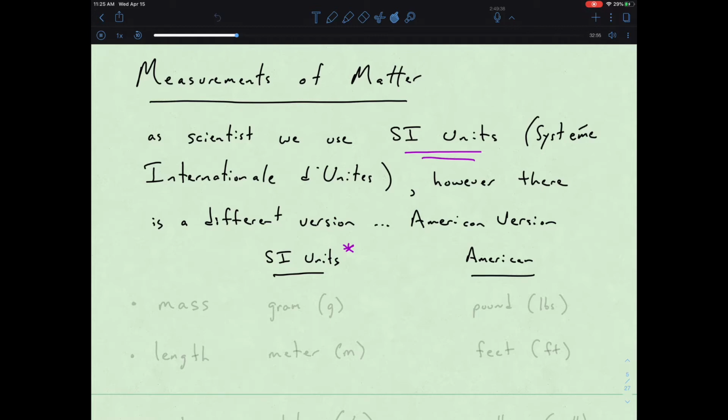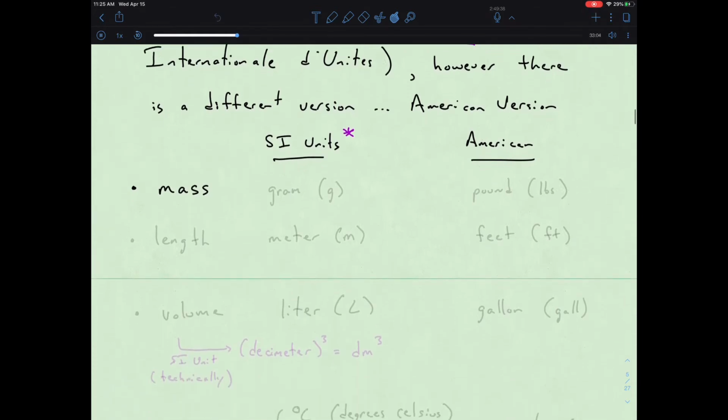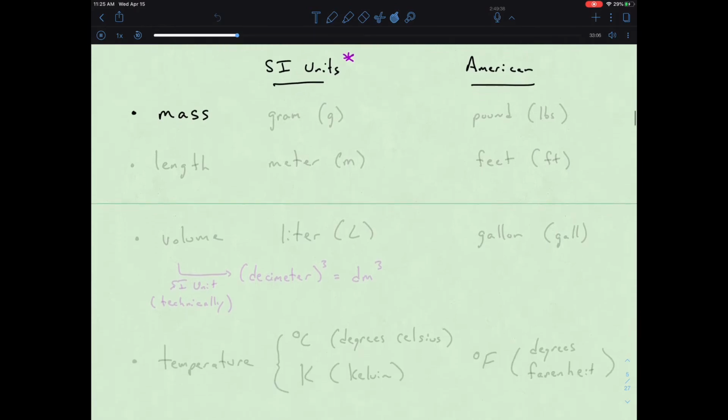So mass would be a great way to quantify matter, right? Basically how much it weighs. In terms of SI units, we look to the gram or grams.